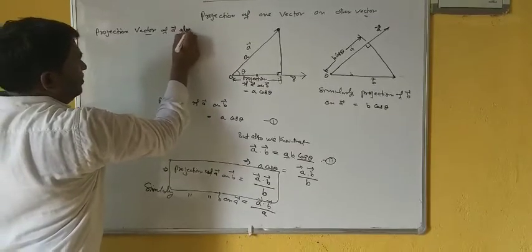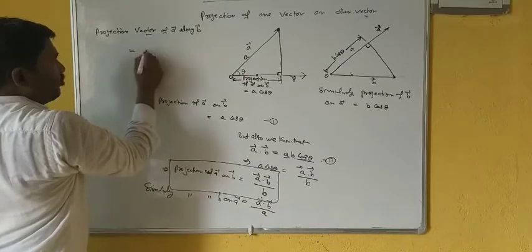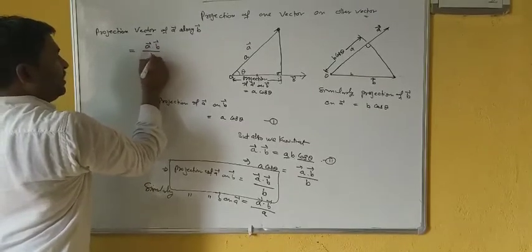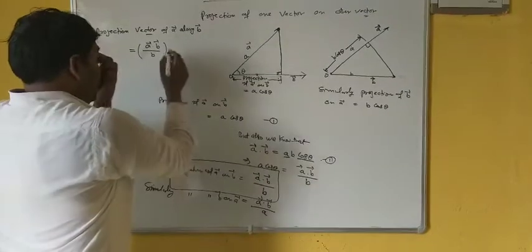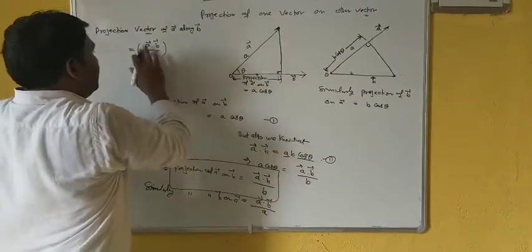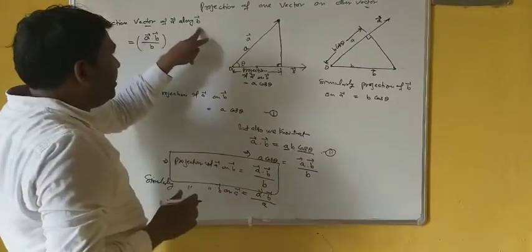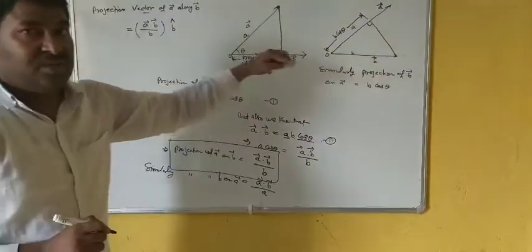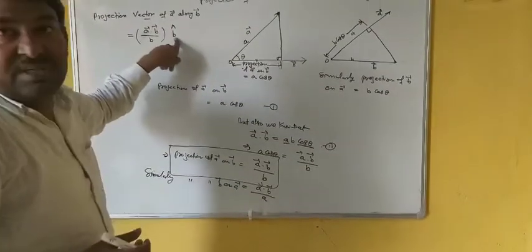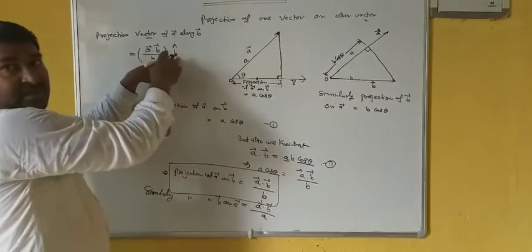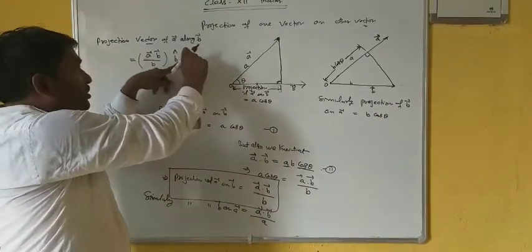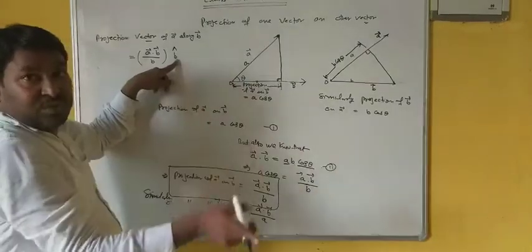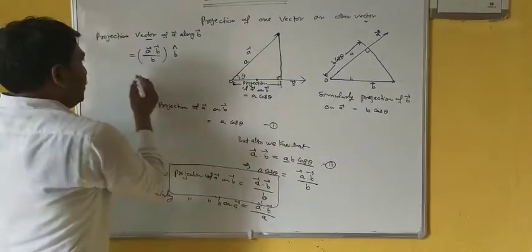The projection vector of vector A along vector B: the projection is vector A dot vector B upon B, and this is the magnitude of the projection. The direction is along B. To show the direction we take a unit vector along which we are finding the projection, that is B cap.